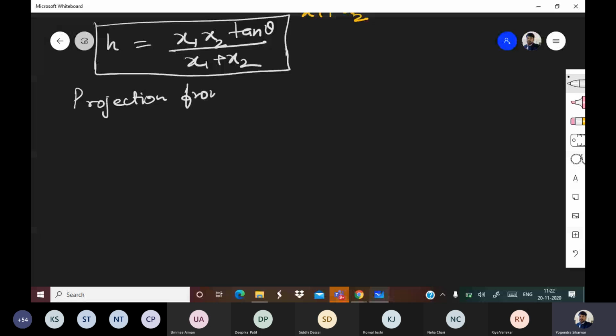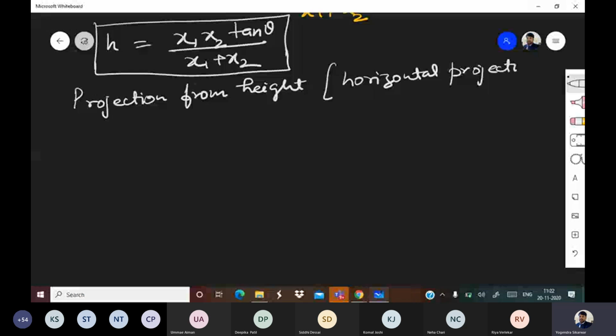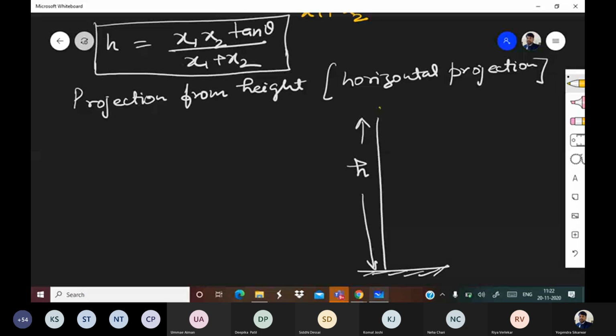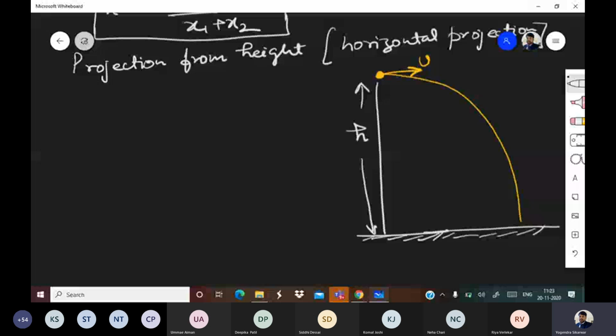So basically, suppose if we have a tower, okay, and it is of height h, and if we are throwing an object with, let's say, some speed u, then that type of projection will be called horizontal projection, and ultimately the object will fall like this, and it will reach to the bottom.